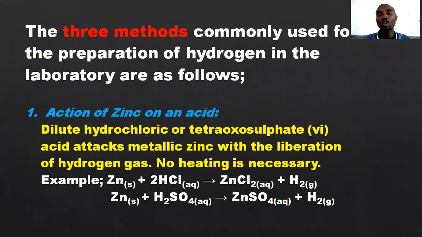Number 1 is the action of zinc on an acid. Dilute hydrochloric acid or tetraoxosulfate(VI) acid attacks metallic zinc with the liberation of hydrogen gas. No heating is required. Hydrogen gas will be given off with either H2SO4 or HCl.